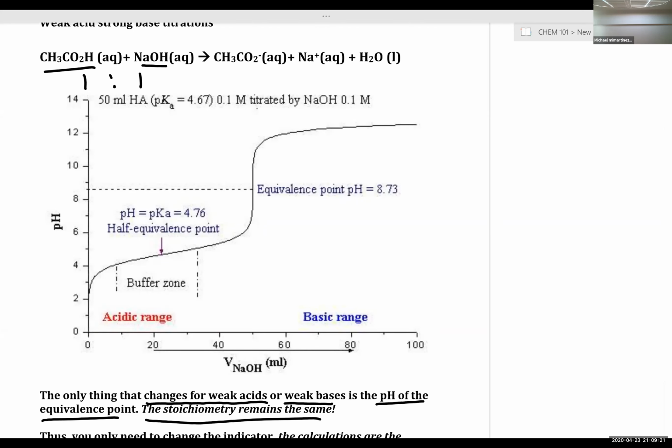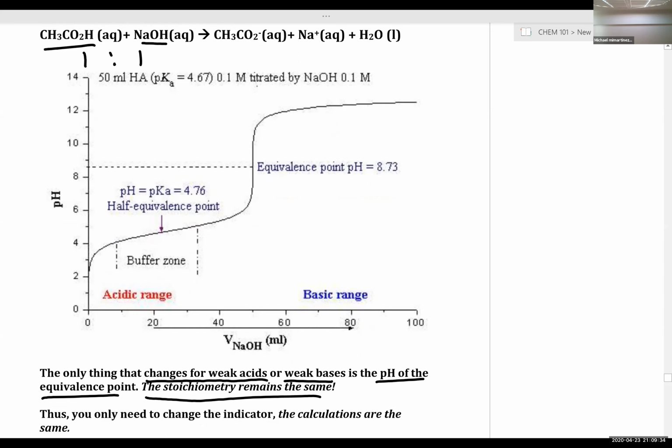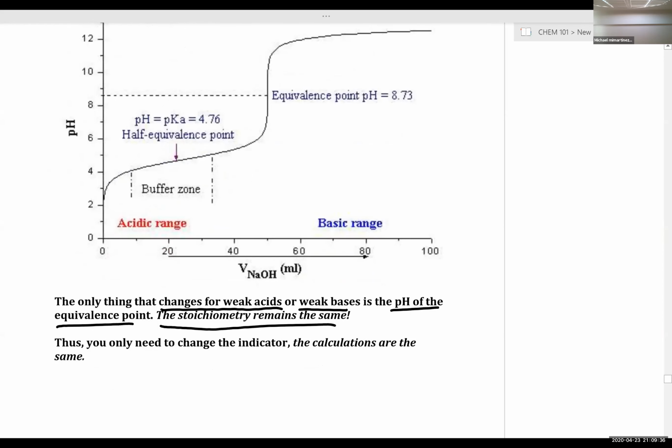The only thing that matters in terms of our calculations is that we account for our stoichiometric ratio and that it's an acid-base reaction. It doesn't matter whether it's a strong or weak acid. The real takeaway I want you to get away from this is you only need to change the indicator. The calculations are the same for a weak acid or weak base titration.